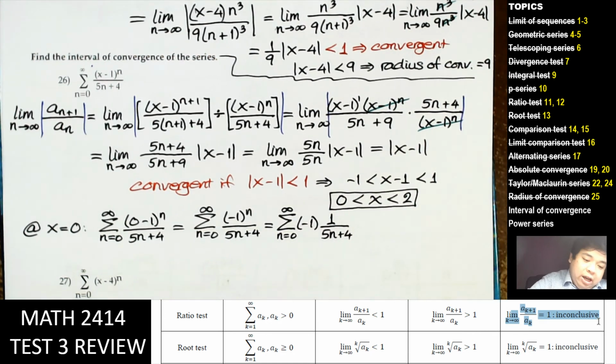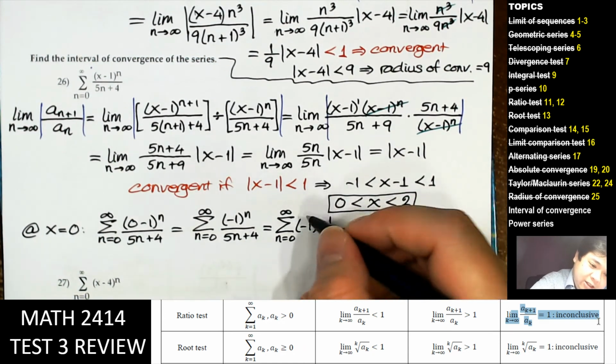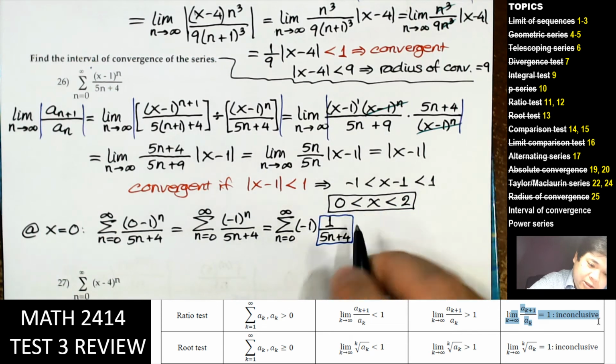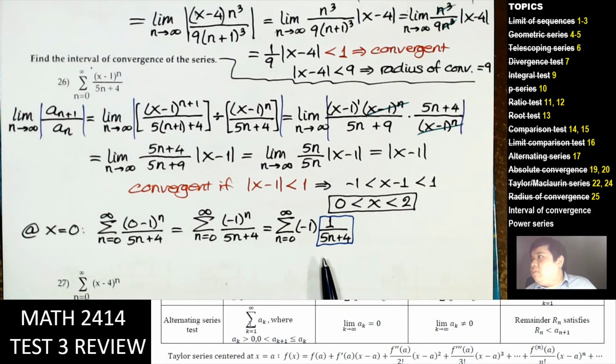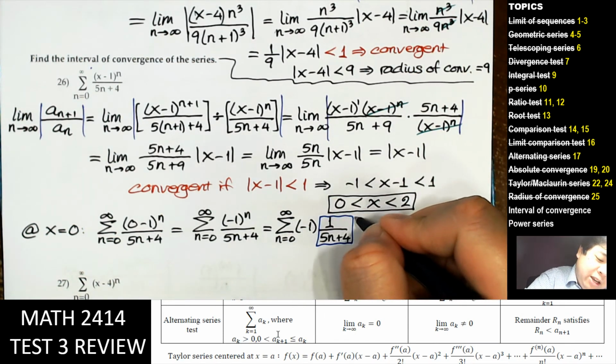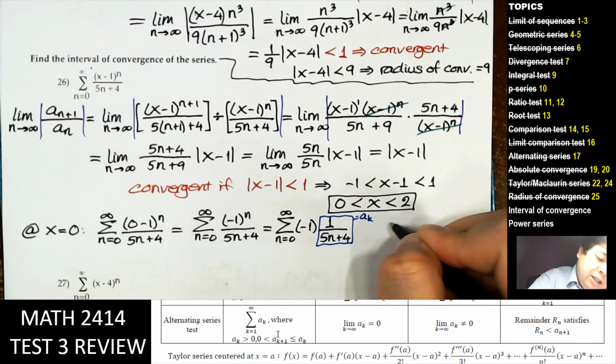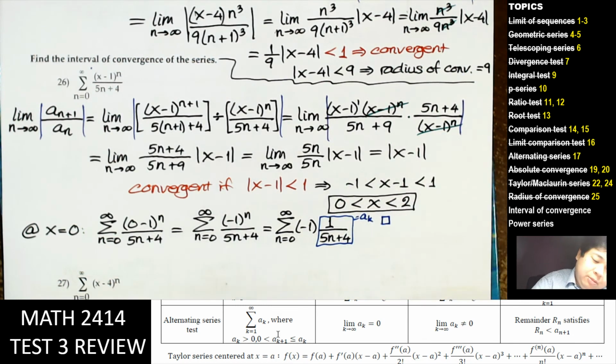So this is going to be a sub n here. Alright, alternating series. Again, I forgot the negative 1 here. I'll fix that later. Right, so this is a sub n, or a sub k. Let's say n, because we have n here.